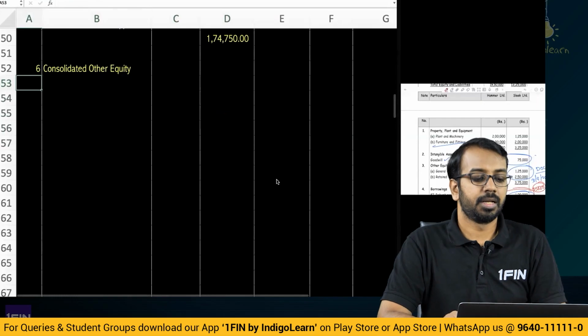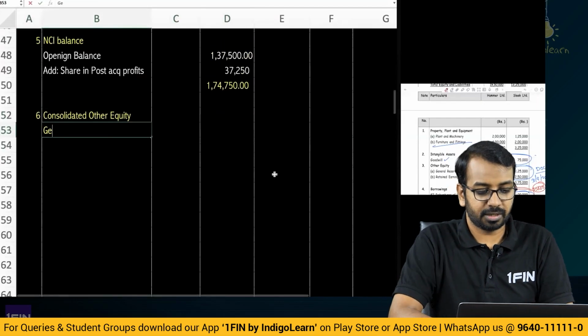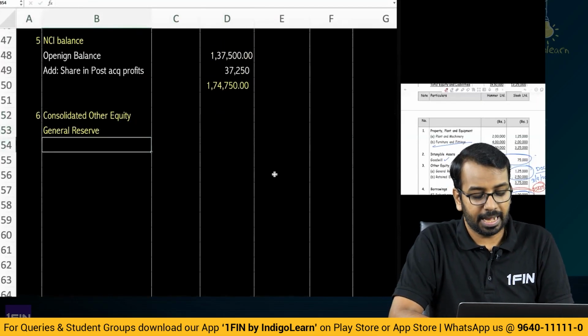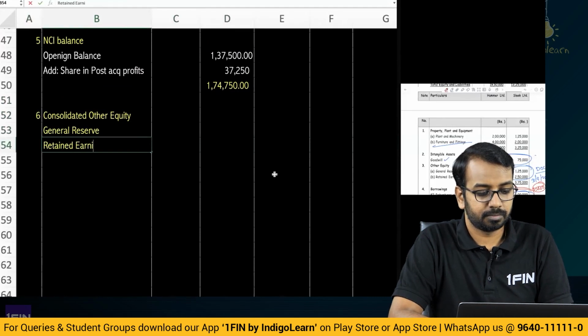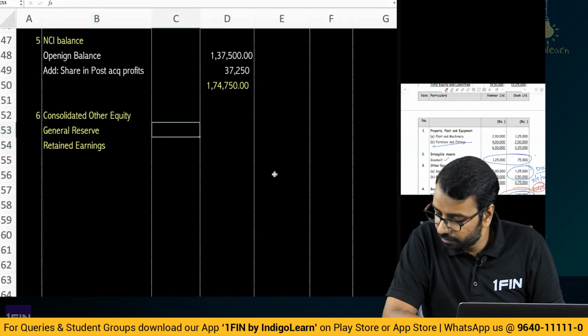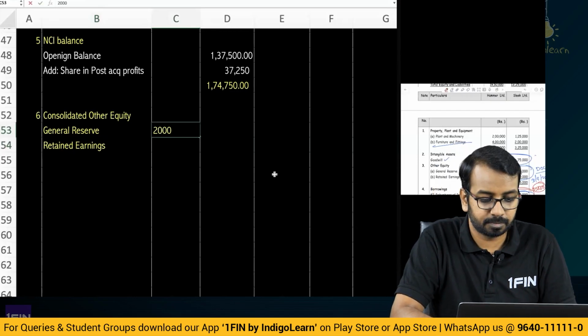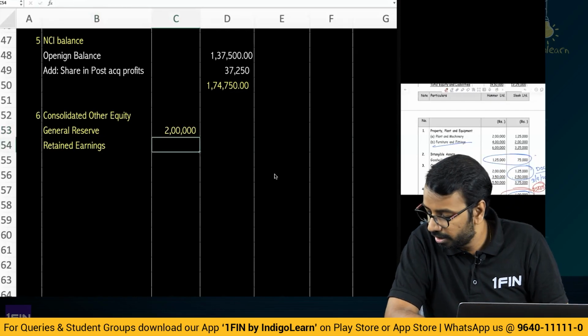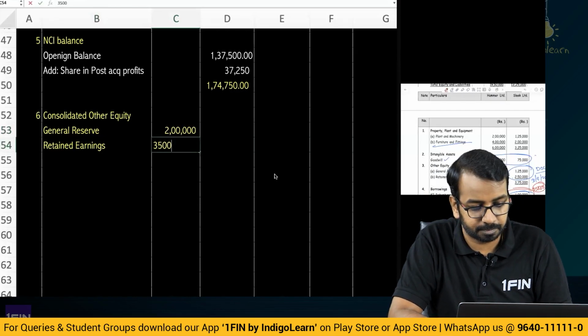Now coming to consolidated other equity, we have general reserve and retained earnings. From the question we can see general reserve is 2 lakhs, retained earnings is 3,50,000.